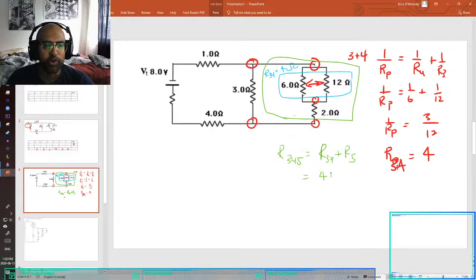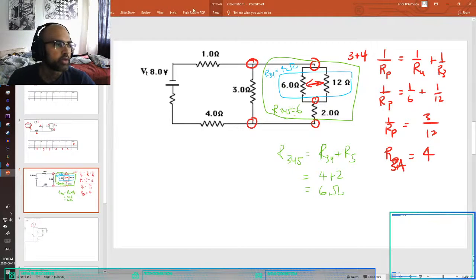So we're doing 4 ohms plus 2 ohms because they are in series with each other. We get 6 ohms total for the green one. Resistor 345 is equal to 6 ohms. Yay.